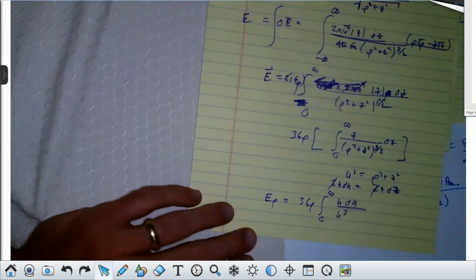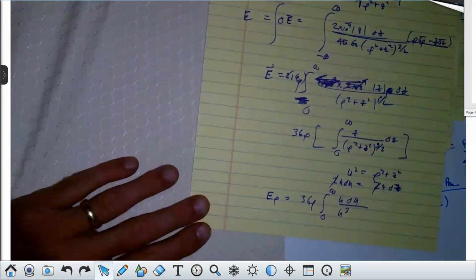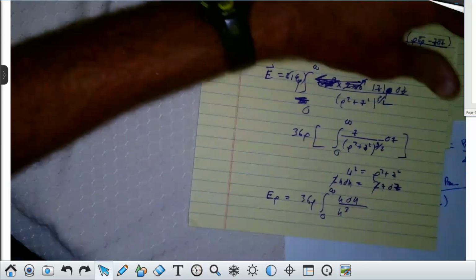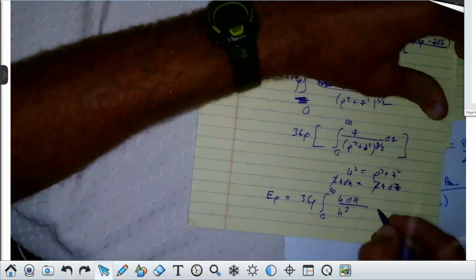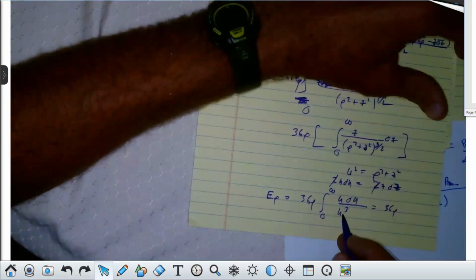Y'all follow me? It's just substituting. And again, you don't have to do it this way, whatever way you feel comfortable with. You could use a trig identity, I think, in this one too. There's a variety of ways of doing this. Now that's really just what? 36 rho, and this is 1 over u squared, right? And that would be what? Minus 1 over u.